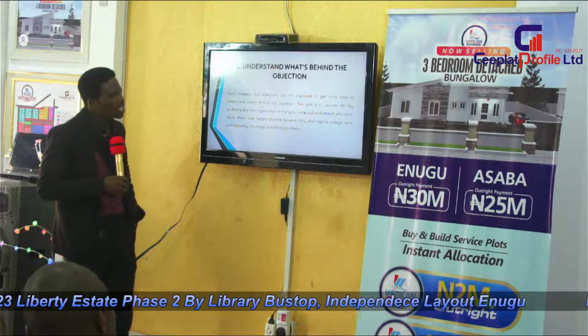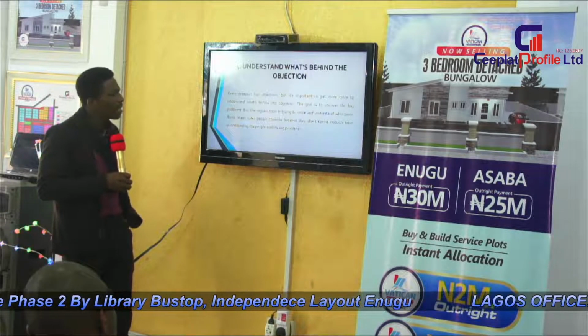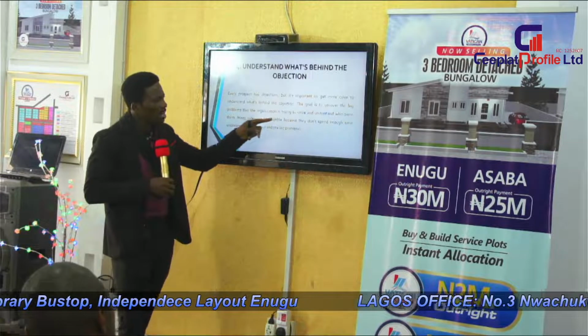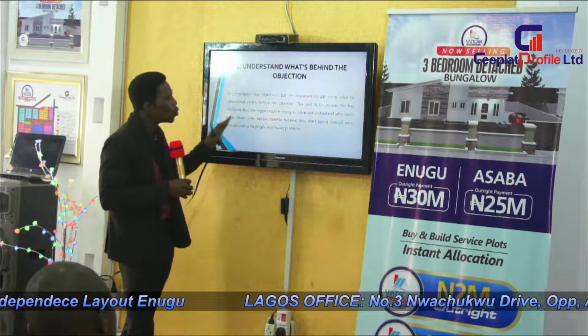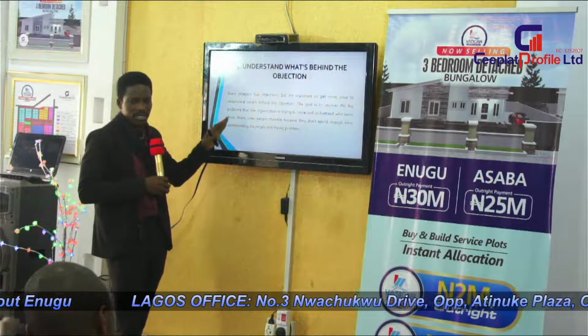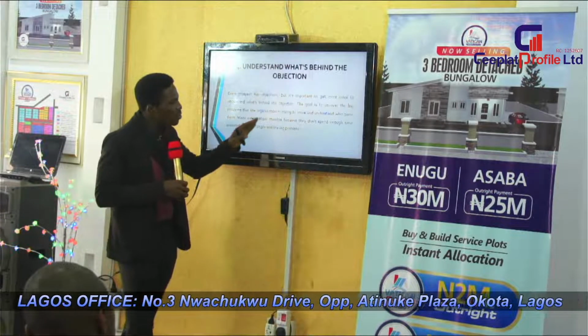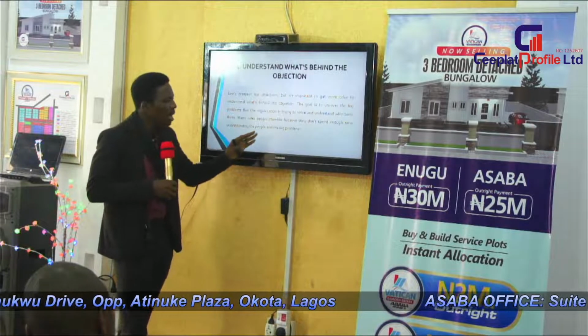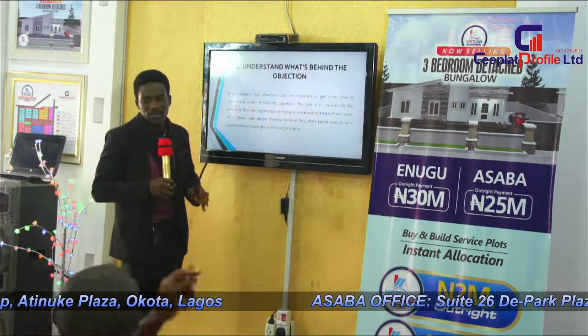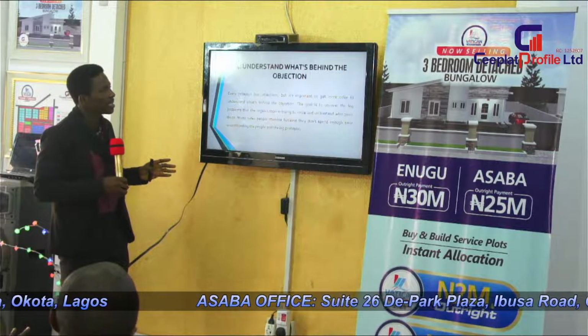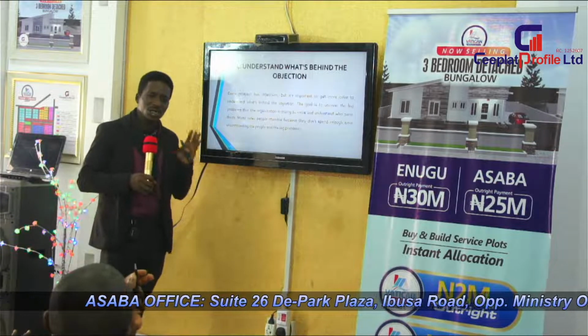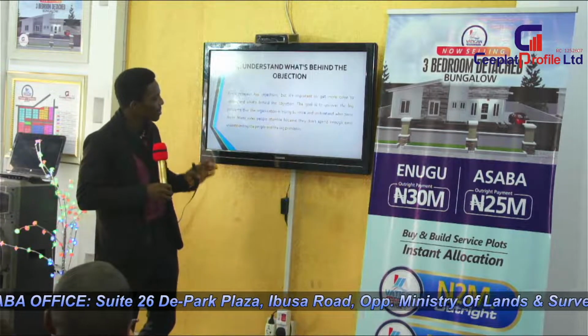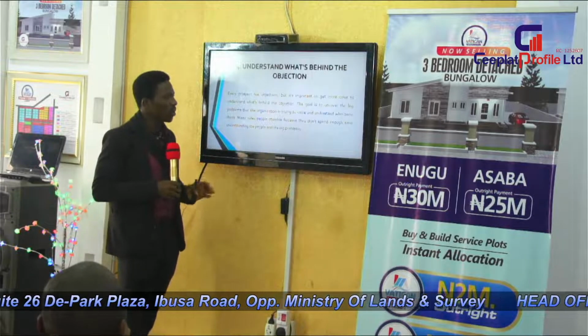The goal is to uncover the big problems that the organization is trying to solve and understand who owns them. Many salespeople stumble because they don't spend enough time understanding the people and the big problems. So you can see that: understand what is behind the objection. Very key.